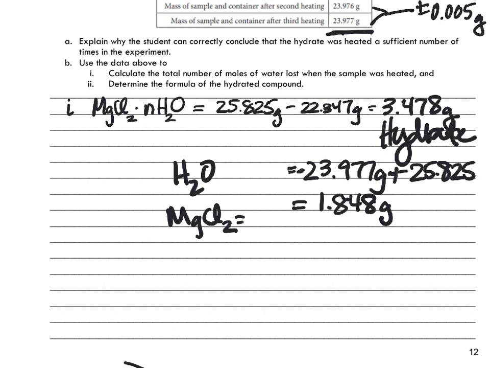Let's take a look here. Our MgCl2 would have been our final heating, right? Yes. Minus your crucible. Which should still be 1.8. It's 1.65. 6.5. Whoa, that's a new number.